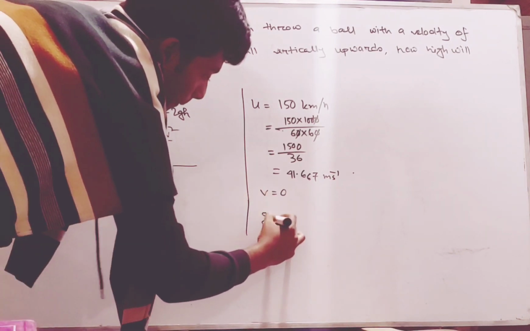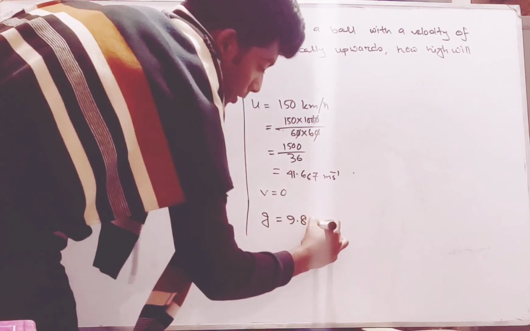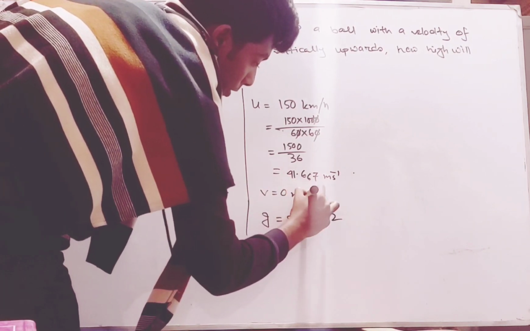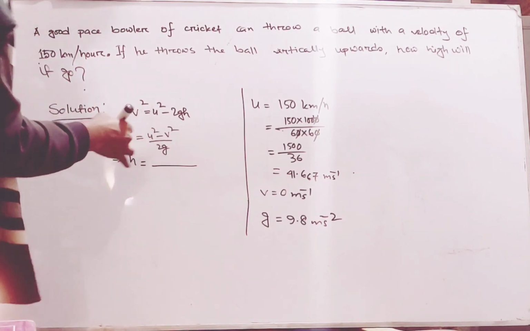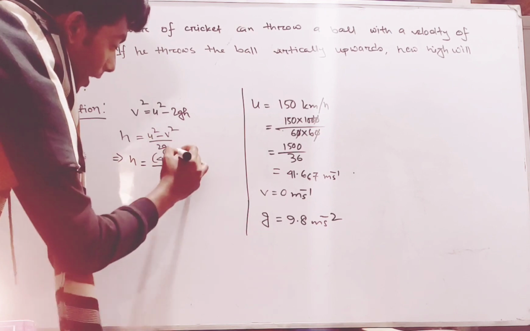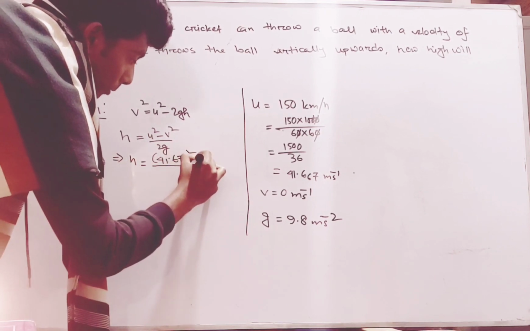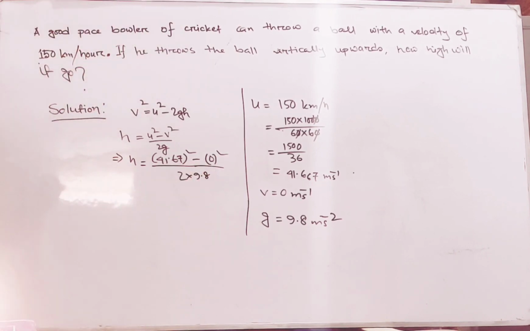And you know the magnitude of g is 9.8 meter per second squared. We place those values in the formula to get the desired value: 41.67 squared minus 0 squared over 2 into 9.8.